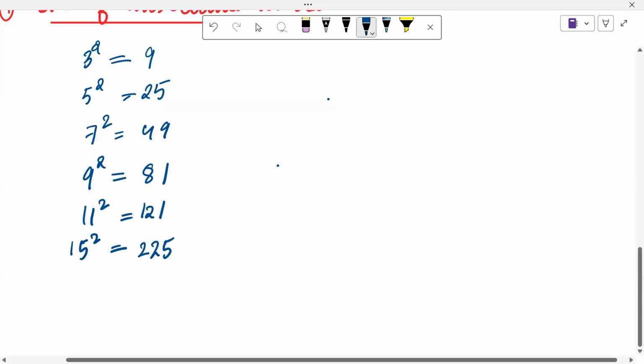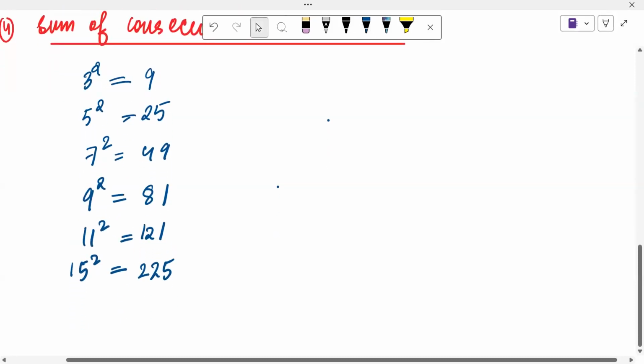These are some of the odd numbers, and I found the square of a few of them. I've written down the squares. Now, the question is to write this square number as the sum of two natural numbers.